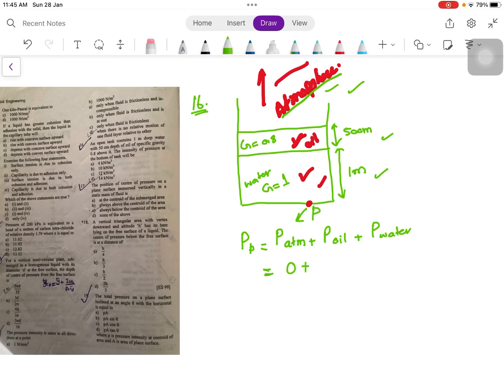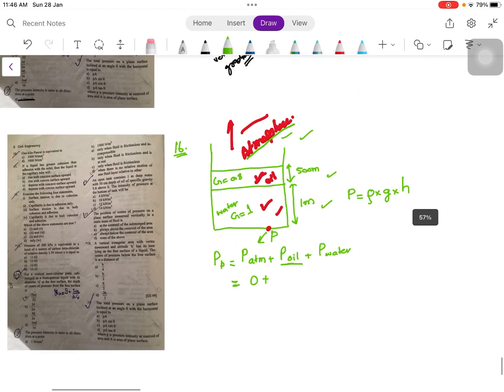All right, then let us take the layer of oil. We know, or we have to remember, that the pressure at a point in a fluid is equal to the density of the fluid times the acceleration due to gravity times the depth of that point below the free surface of the liquid or the fluid.